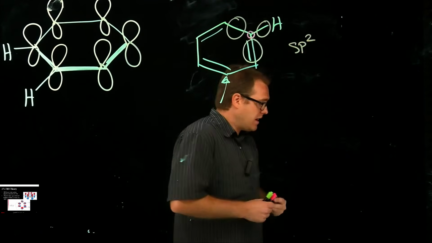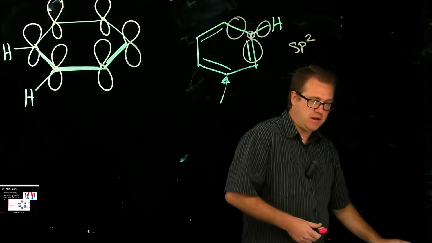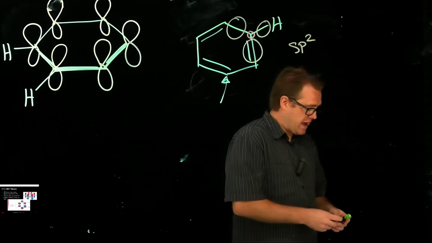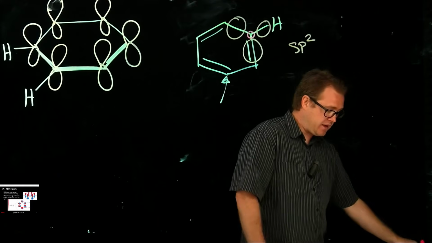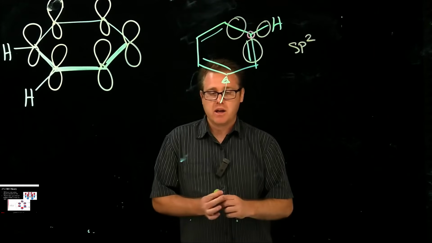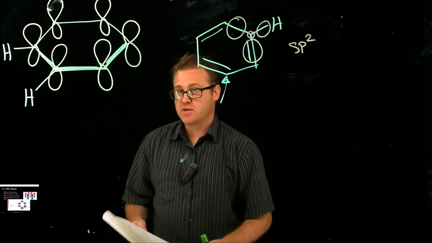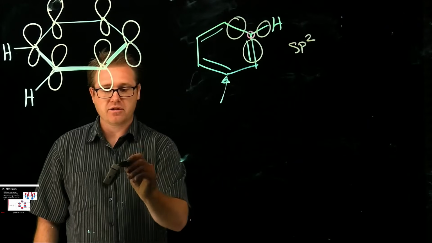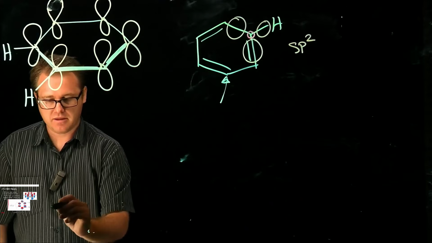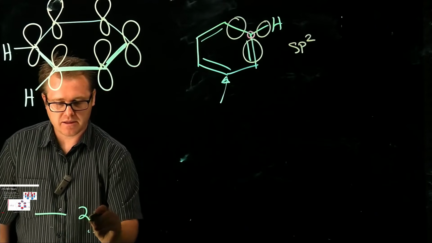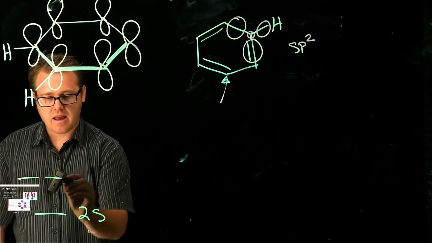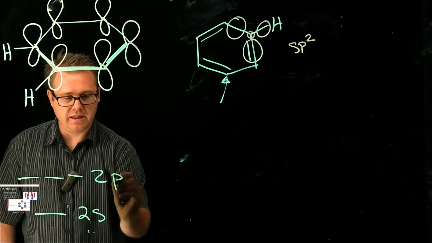Okay. Now what does that actually mean when we say it's sp2 hybridized? So recall, when you look at the valence electrons for carbon, you have an electron configuration that looks like this. You have a 2s orbital, and then you have your 2 p's.